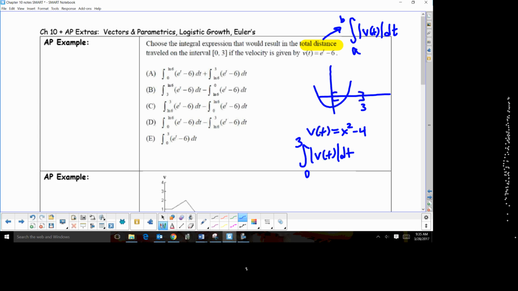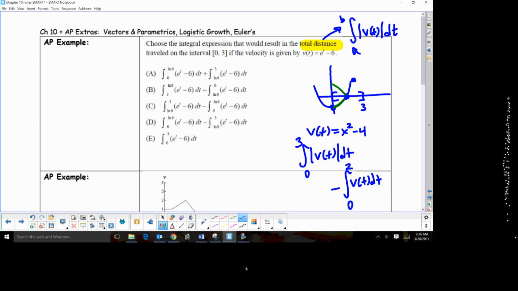What would I need to do if I can't use absolute values? Okay, so I would have to flip that part right there, yes? So that part right there is actually going to be flipped up. So I would have to go from 0 to 2 and do what with that velocity?